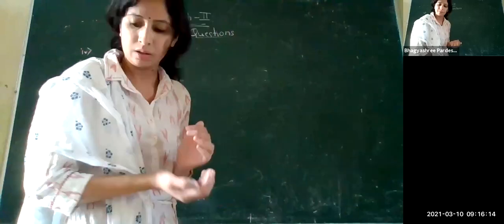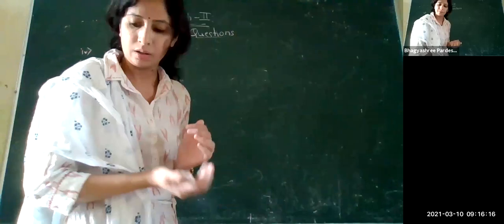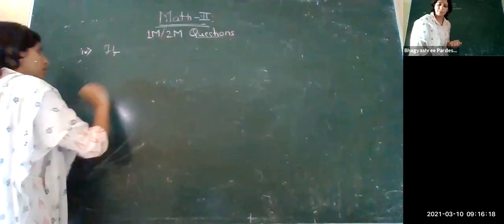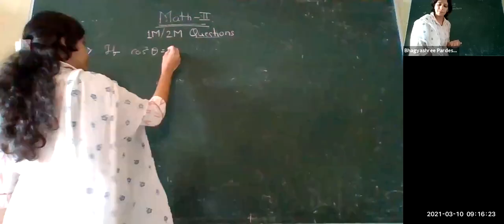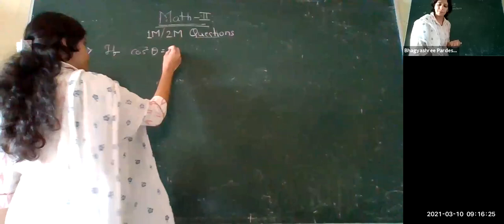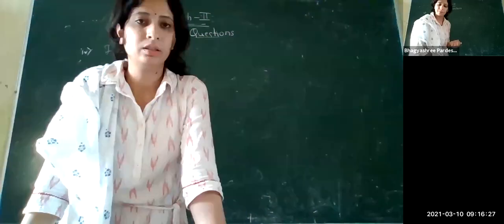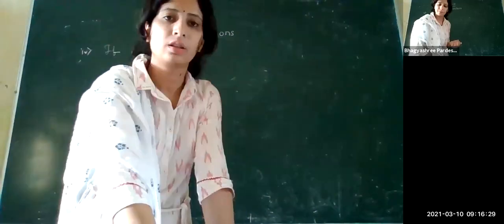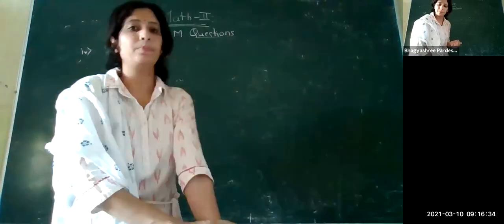One of the values of one trigonometric ratio is given to us. So cos square equals to... yes beta, which one? Distance formula. Yes, what you told just now. Explain the distance formula again?